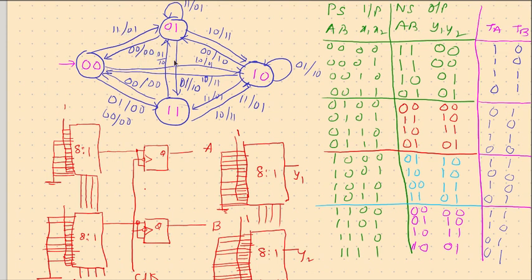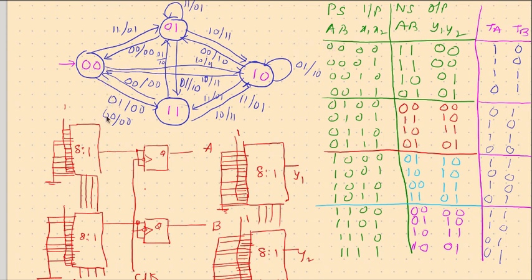Anyway, once the problem is ready, let's shift our attention to something called the state table, created from the state diagram. Look at current state 00.